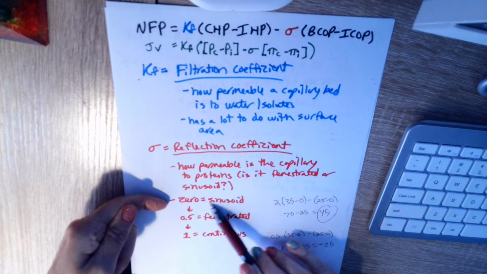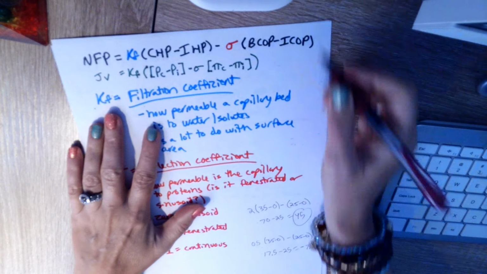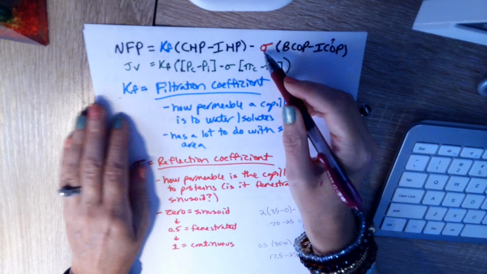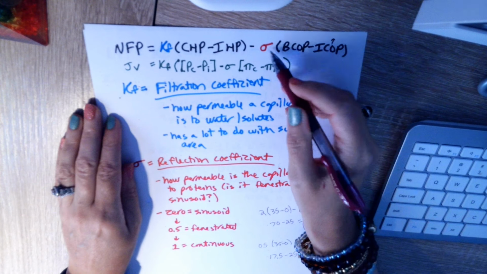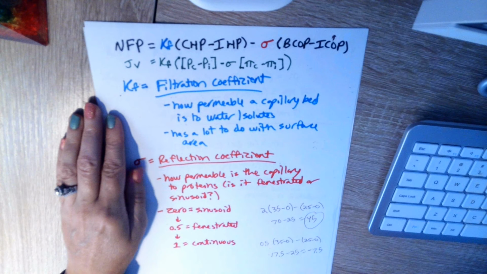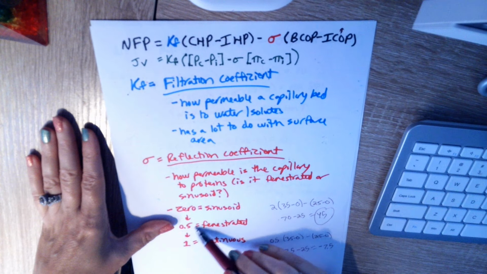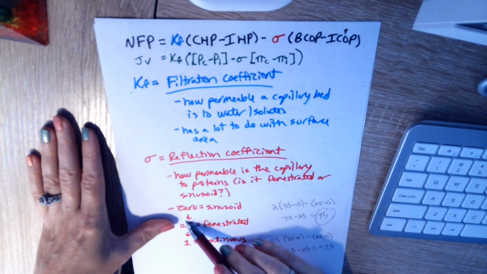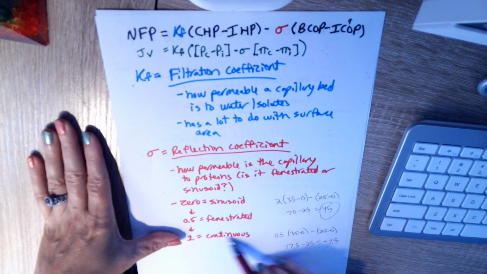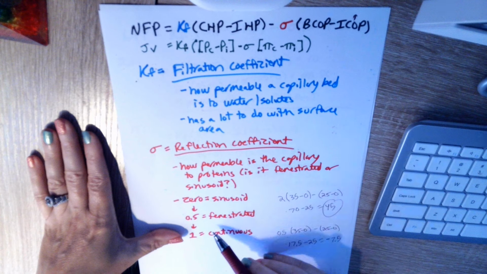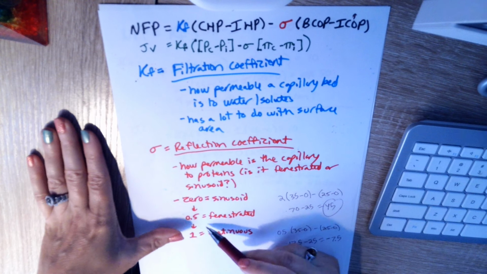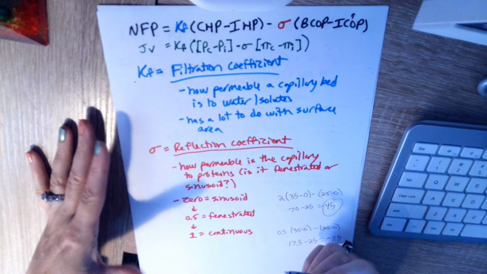Lots of proteins getting out, so your interstitial osmotic pressure would be going up as this is really going down, making 0. So this is being a higher number, and this is going to be a lower number. If it's fenestrated, it's going to be somewhere between 0 and 0.5, and the more fenestrations it has, the lower the number. And then a continuous capillary would be 1. So it just ranges from 0 to 1. The lower the number, the bigger the holes. The higher the number, the smaller the holes.